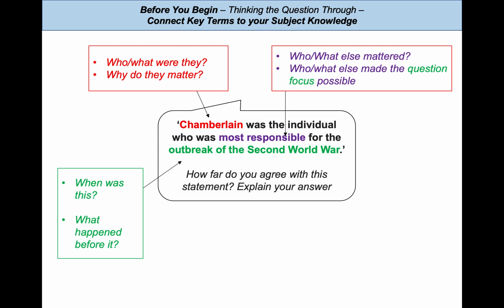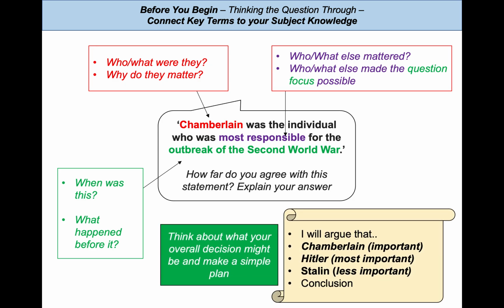And so at this stage, once you've seen the question and started to pick it apart, it's a good idea to maybe start to think about what your overall decision will be. Now, for my sample, I've decided that whilst Chamberlain was important, I actually think that Hitler was more important, and perhaps Stalin, the leader of the Soviet Union at this time, was less important.